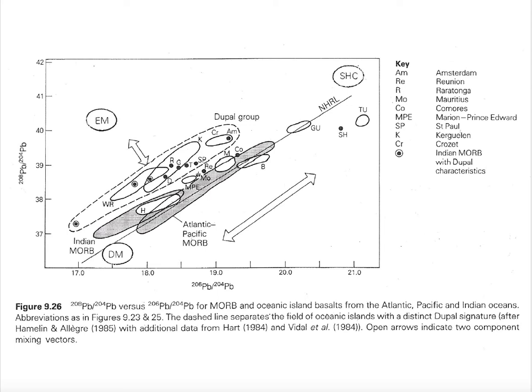Then we have CO, that is the Comores. MPE, that is Marion Prince Edward, that is here, this large field, I think so. Then SP, that is St. Paul.